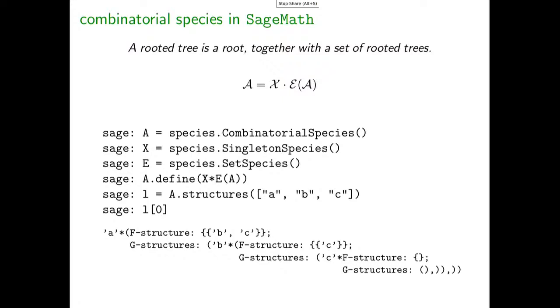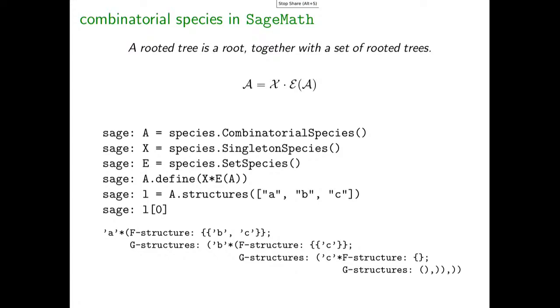And then you can actually compute the structures. So if we want to have a tree on the set of labels A, B, C, you see the pair is denoted as A star something. So then it says what the F structure is.